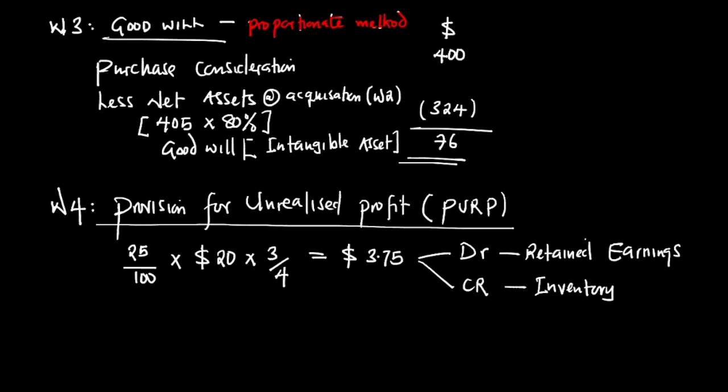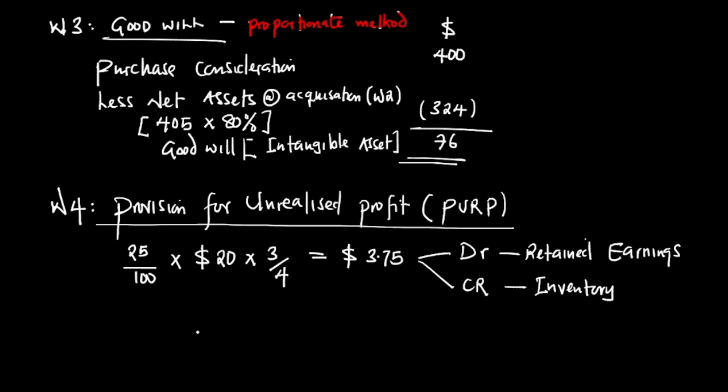Now, if you look at the note, it says they sold goods costing 20 kwacha at a markup of 25%, and that at the end of the year, 3/4 of the goods were still held by the subsidiary. So it means that 3/4 of the goods and even the profit is not yet realized. So the first part is we calculate the profit, 25 over 100 times 20, that will give you 5. That's the total profit on this transaction.